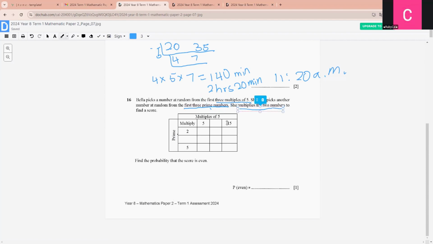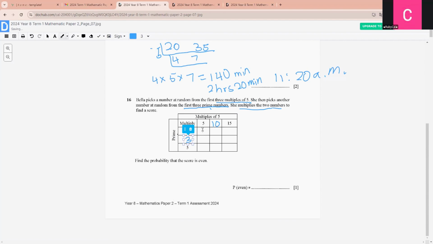So right now we have to fill in the table. And this part is the multiples of 5. And we see that there's 5 and 15. So 1 multiplied by 5 equals to 5. 2 multiplied by 5 equals to 10. 3 multiplied by 5 equals to 15. Next is the first three prime numbers, which is 2, 3, and 5.